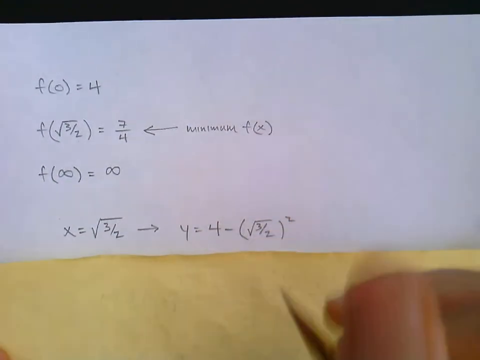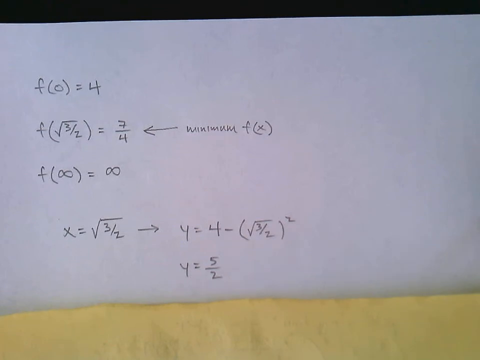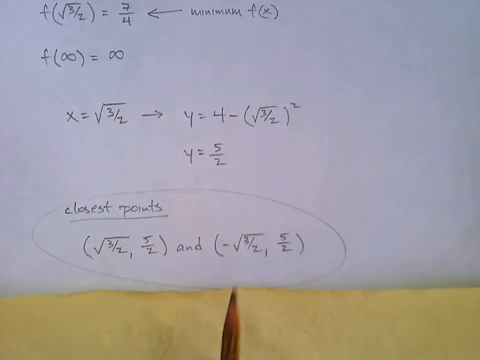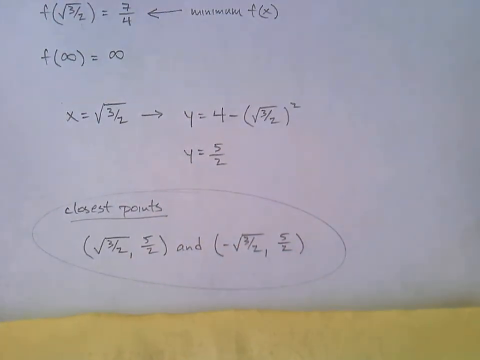We square the square root. And you'll find that y coordinate is 5 over 2. Works out pretty well. And so that positive point that's the closest is square root 3 over 2, comma 5 over 2. And from our drawing, we also know that we can take the negative x coordinate and get that second point, negative root 3 over 2, comma 5 over 2 as well.